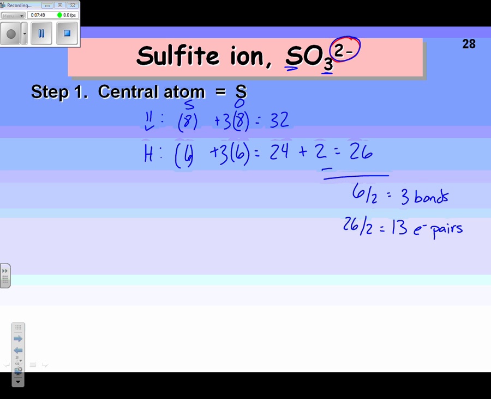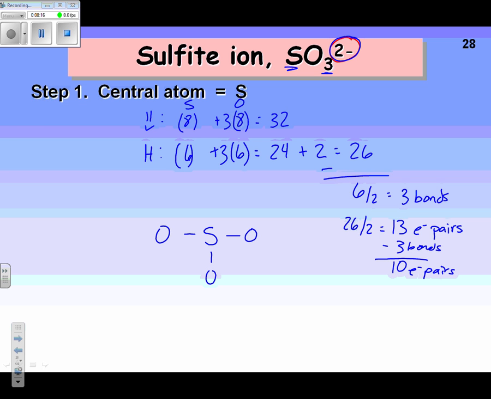So then we need to draw this. Sulfur is going to be my center atom, and so I need to have it bonded to 3 oxygens, and I have 3 bonds, so I'll just go ahead and put those on there. I have 13 pairs of electrons. 3 of them are in bonds, so I have 10 more electron pairs to work with.